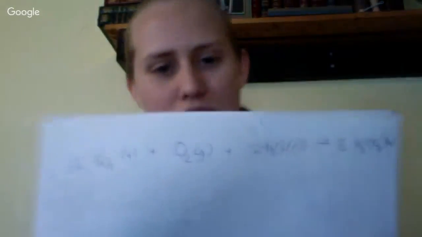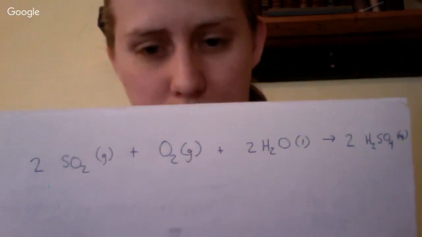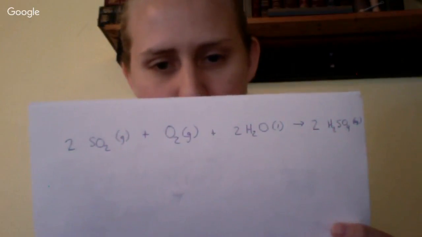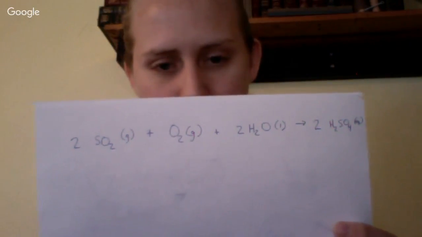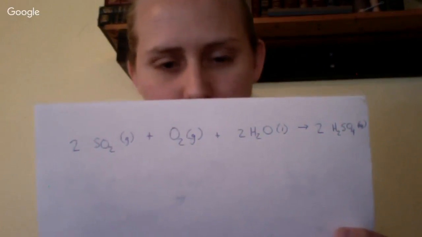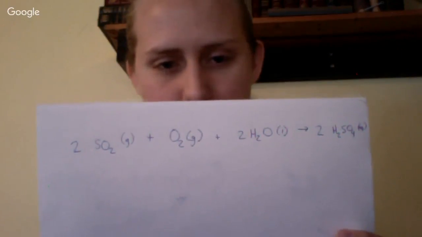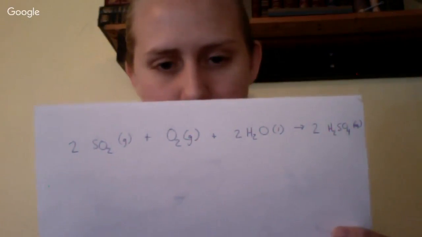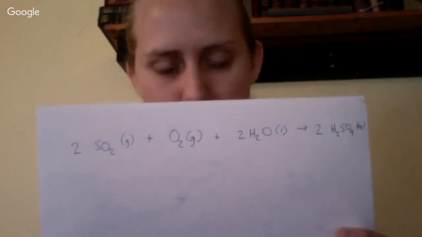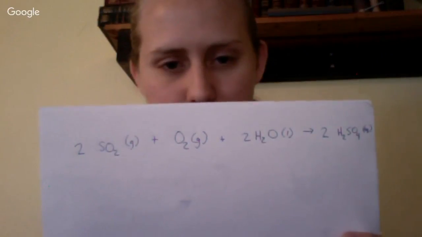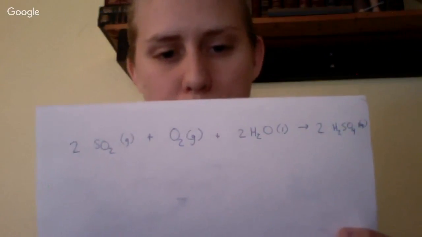All right. Here's your equation. Can you see the whole thing? Not the first part so much. So I have 2 SO2 plus O2 gas, plus 2 H2O.